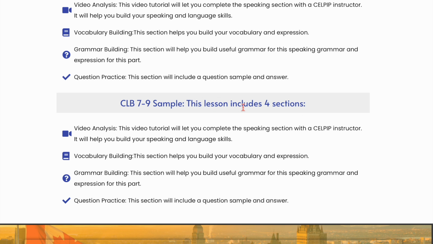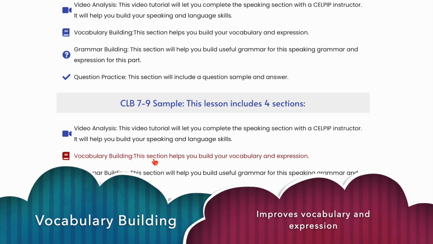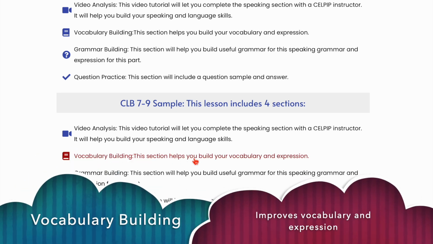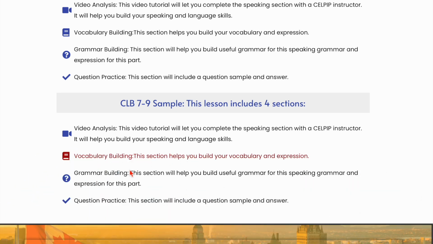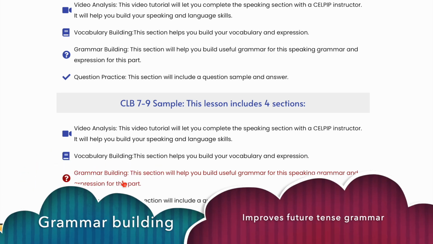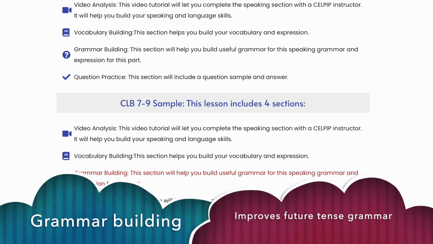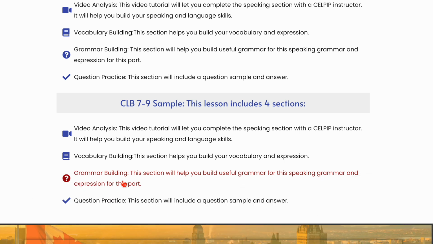So this lesson includes 4 sections: this video analysis, vocabulary building, which is great to expand your vocabulary, and your grammar building, which is great to expand your grammar for this question, which is future tenses, okay? And then, of course, our online question practice, okay?